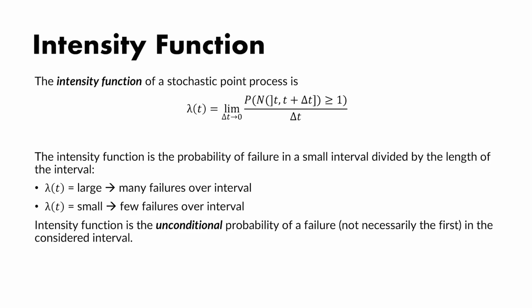So it considers the risk of any kind of failure, not necessarily just the first, happening in that very small interval. When we have a large intensity, we know that we have the probability of having many failures over the interval. If you have a small intensity, that's the opposite case.